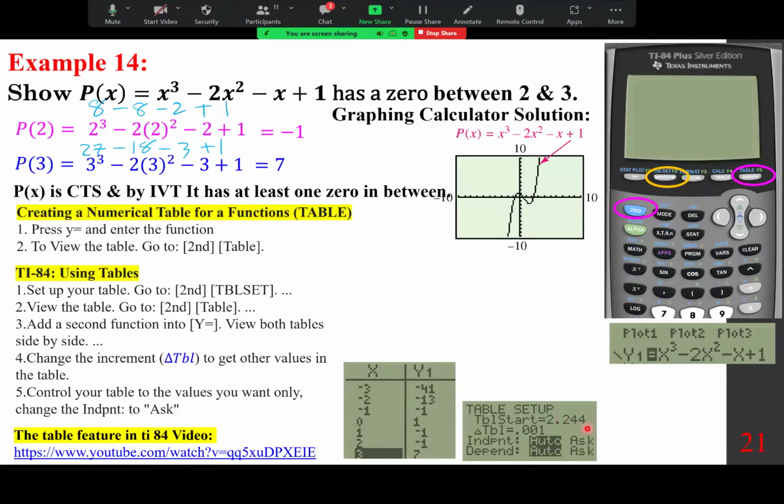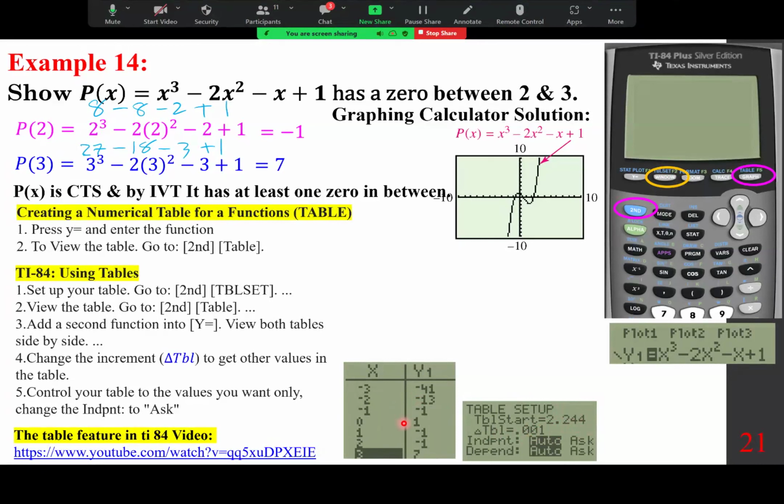But if you make this change, you tell it your starting point. Second table set, it may be hard to see here. Then you can say, I want to add just 1, or 0.1, or 0.01, or 0.001, and it does the calculation for you.